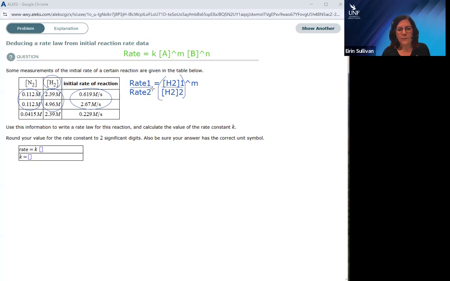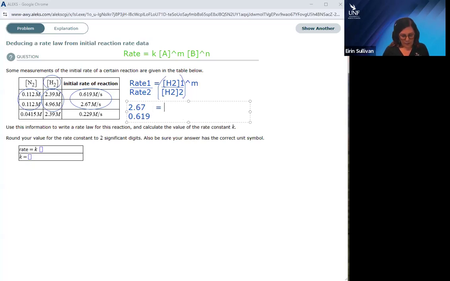So let's go ahead and work this out. I'm actually going to do experiment 2 over experiment 1, just because numerically experiment 2 is the larger number, but you could do it either way around. It's going to make sense either way. So I'm going to do 2.67 divided by 0.619. We'll worry about units in a minute. At the moment, we're just doing a ratio, so it doesn't really matter.